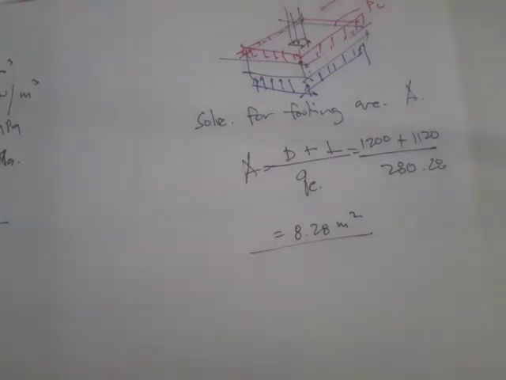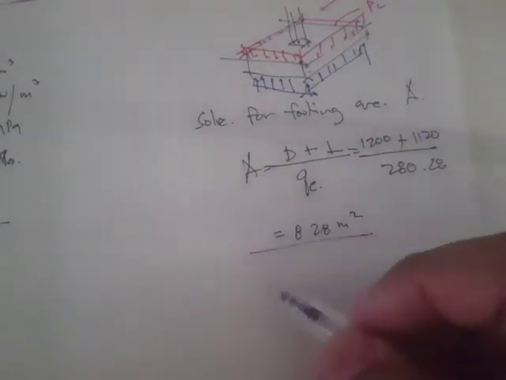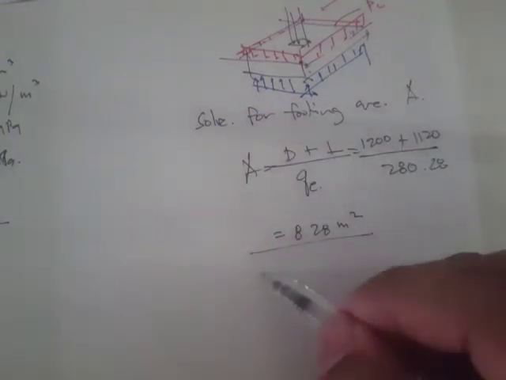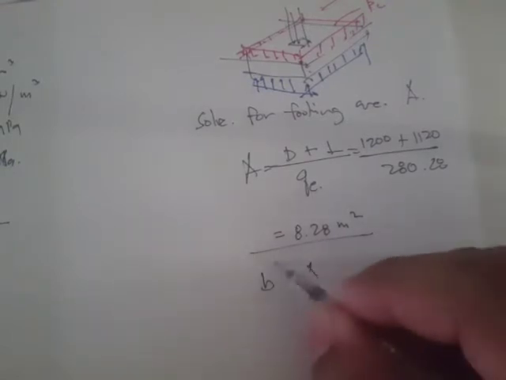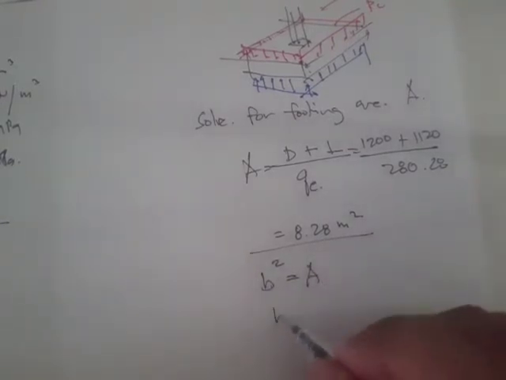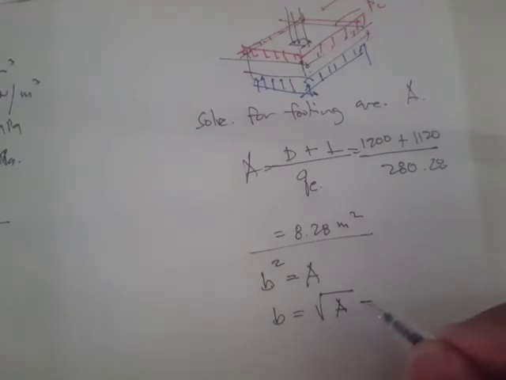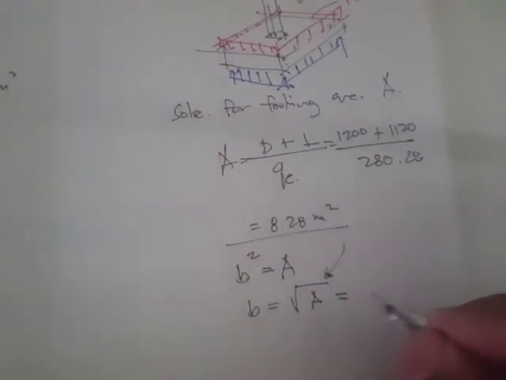Now, since we have the area, we can solve for the footing width. Let's say B. The area is just basically side times side, so B squared is equal to A, and B is equal to the square root of A. If you substitute this value, what you get is 2.87 meters.